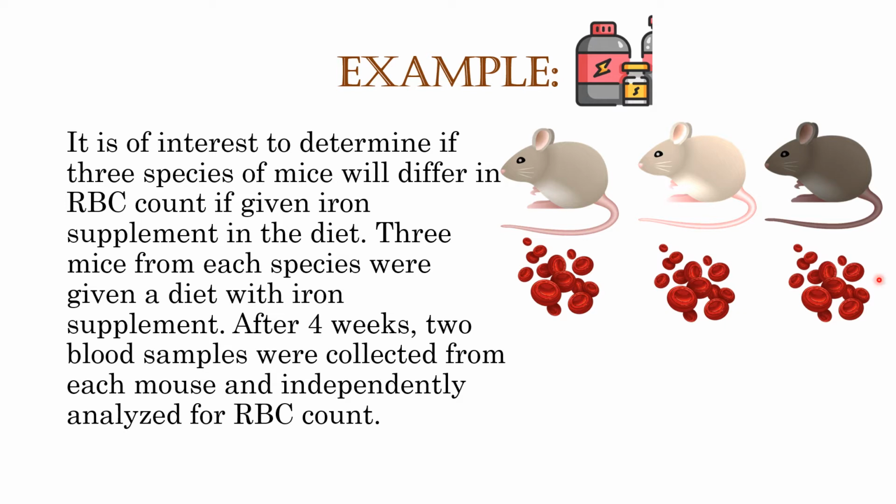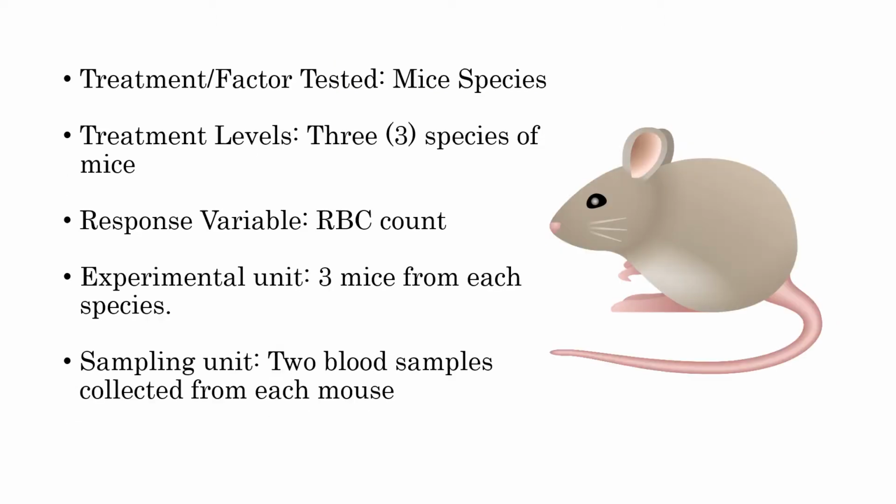So our experimental unit is the mice, but our response variable is the red blood cell count, so we've taken it from their blood. Our sampling unit is the blood, while our experimental unit is the mice. And also, our treatment or factor is the 3 species of mice.